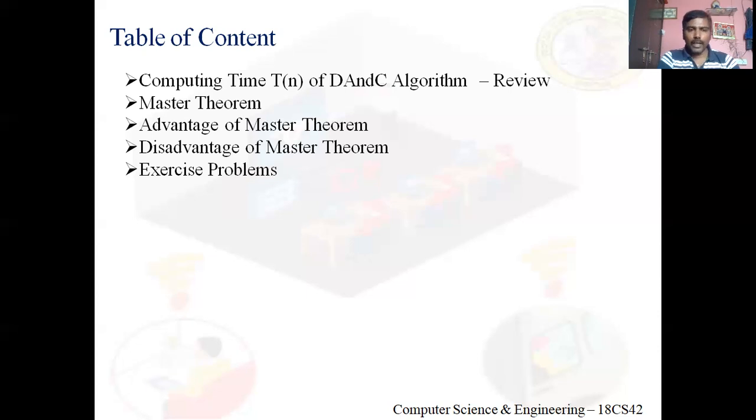The advantage of the master theorem is that we need not have an initial condition. We can obtain a recurrence relation for the divide and conquer algorithm, and then you need not solve it. The main advantage is that you need not solve the recurrence relation. Using the master theorem without solving the recurrence relation, we can tell the order of growth of that particular divide and conquer algorithm.